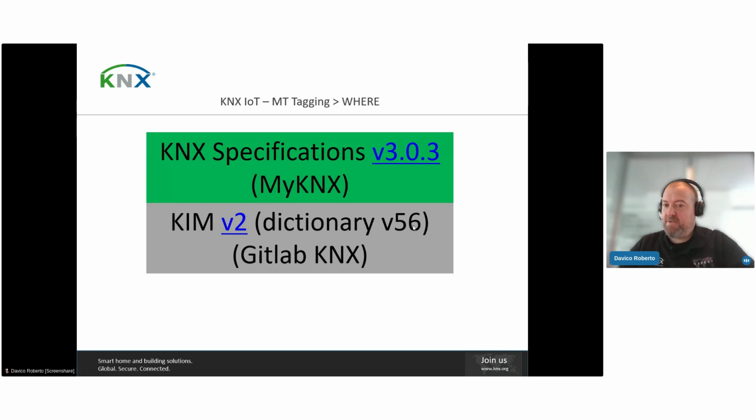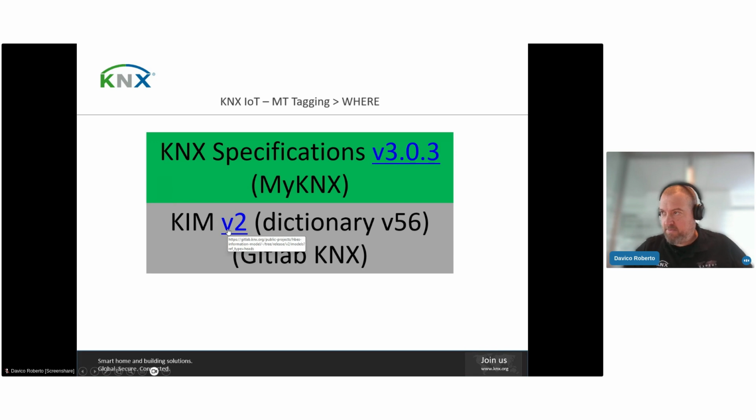The KIM comes built in, so this ontology model comes built in the manufacturer tool installation file. But to start producing devices, Point API devices, or to start to inject semantics in the retrofit KNX classic devices, you have to get at least the dictionary version 55 from the link that I provided you.